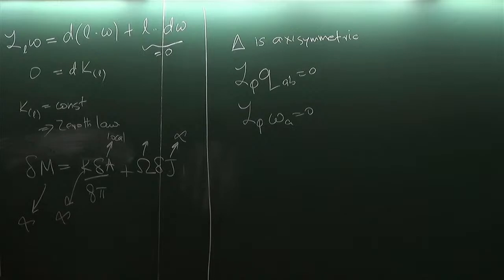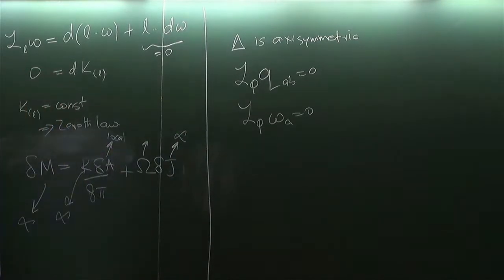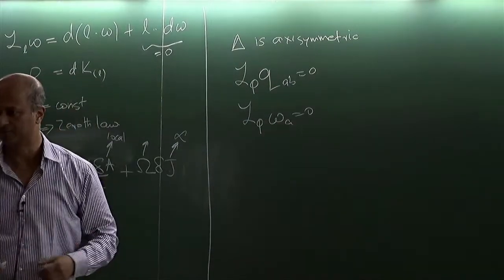So the assumption I'm making now is that the horizon is axisymmetric, by which I mean that there is a rotational vector field at the horizon. You can think there are some specific rotational curves at the horizon under which these conditions hold, that Q and this one-form omega are symmetric.